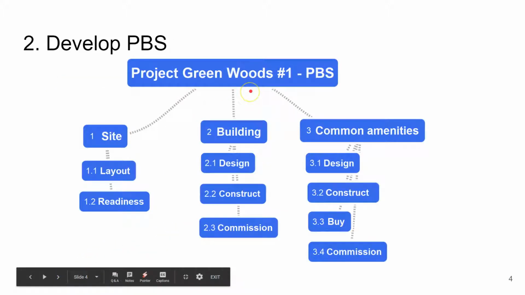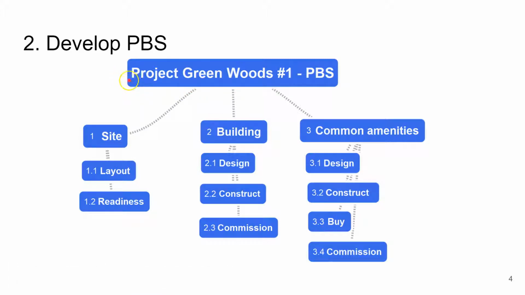Then we go and develop the product breakdown structure. A sample project is Project Greenwoods, which is a housing colony kind of project. The details are given on the site. At a high level, the site must be ready, the buildings must be ready, and the common amenities must be ready.